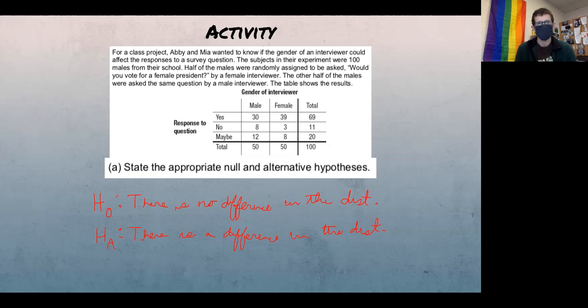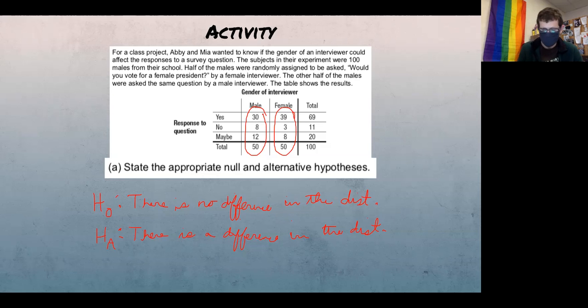Okay, so what we have is the gender of the interviewer and then the response to the question. So what we're looking for in this homogeneity test is, is this distribution the same as this distribution? And our null hypothesis is that there is no difference in the distribution.